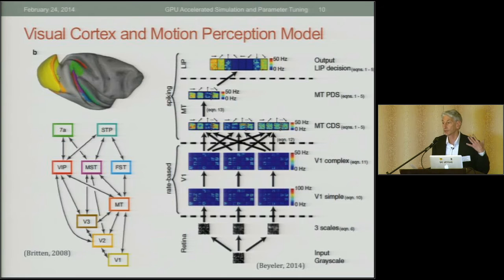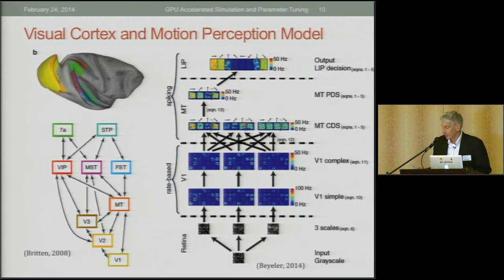Some respond to the component pieces of the motion, and some respond to the overall global motion. One of the studies in the model, which I won't go into, had a decision layer of parietal cortex that was responding to random dots moving across the screen and replicating a psychophysical experiment.